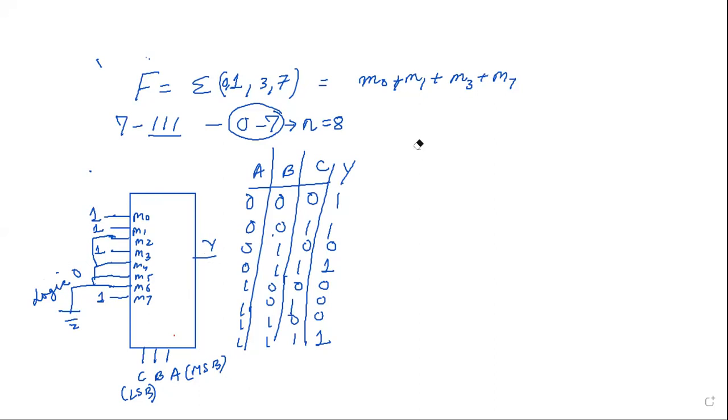Okay, but as I told you, we can always make use of smaller order multiplexers for doing that. So using smaller order multiplexers, let's say I make use of a 4:1 multiplexer for this. So how do we do that for a 4:1 multiplexer?